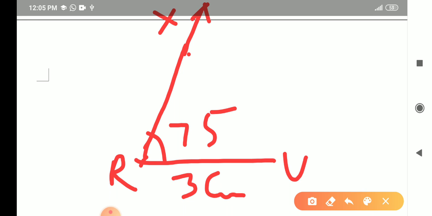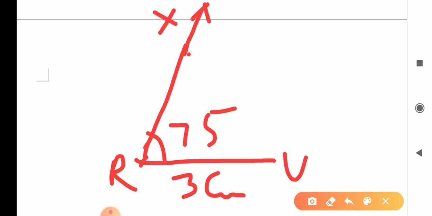This is the ray RX. As you know that line segment TR is of 3.5 centimeter, taking R as center, cut the length 3.5 centimeter. This is the point T.